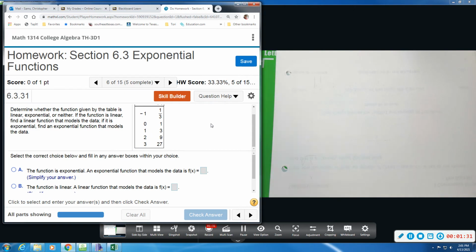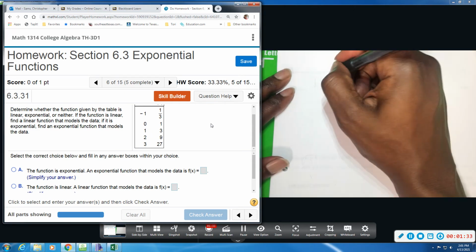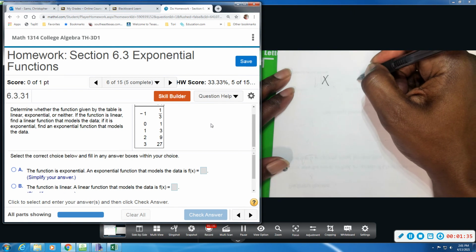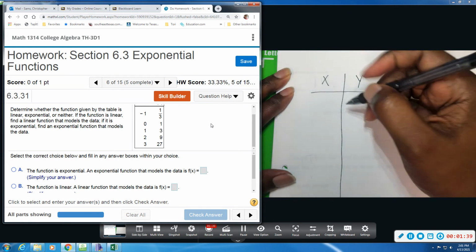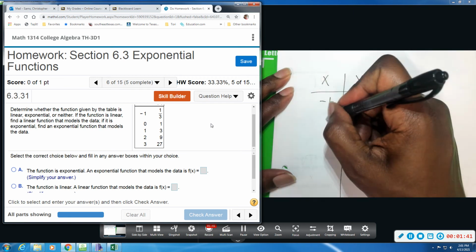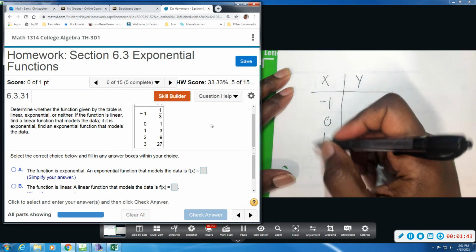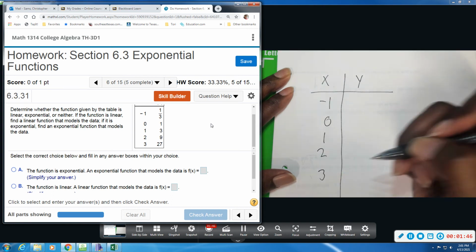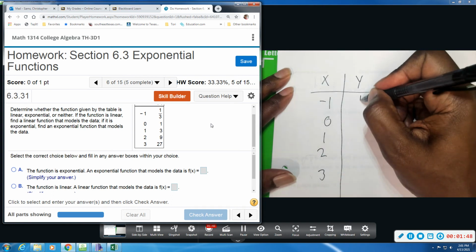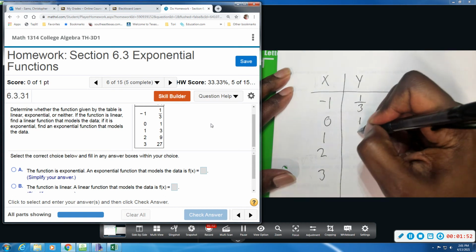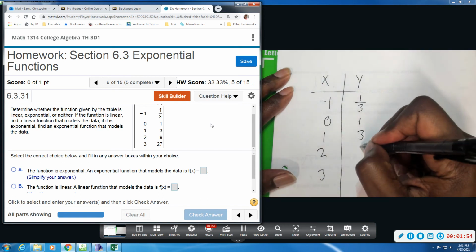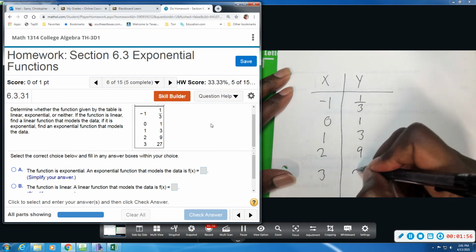Okay, so let's look down the X column, and then we'll look down the Y column. I'm just going to put Y instead of f of x. It's the same. We have -1, 0, 1, 2, and 3. And then over here we have 1/3, and then 1, and then 3, and then 9, and then 27.